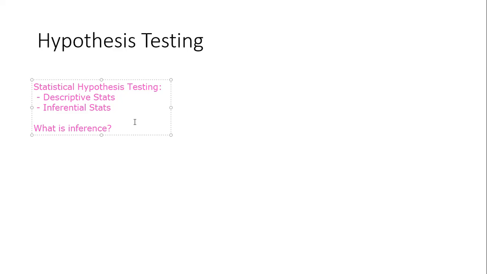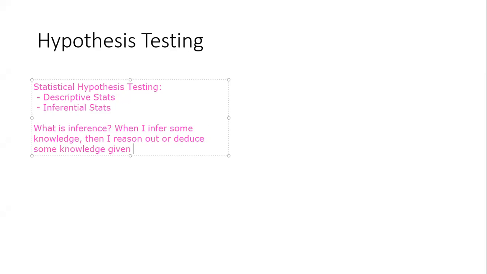So you can say that when I infer something, when I infer some knowledge, then I reason out or deduce some knowledge given some information. So basically inference means reasoning out some new knowledge from a previous knowledge.